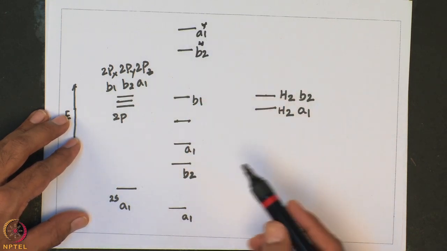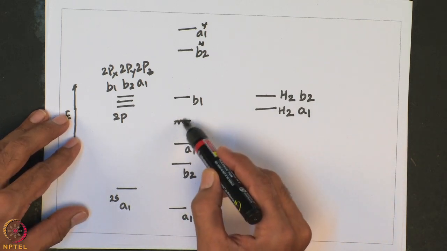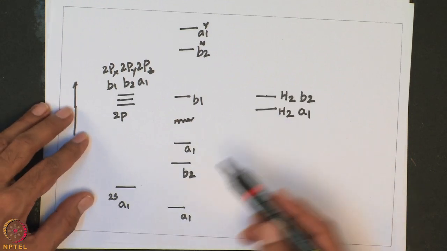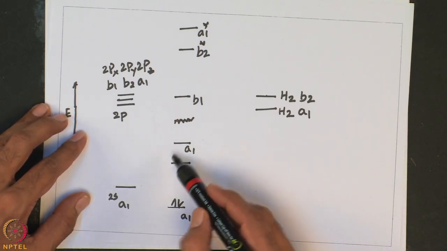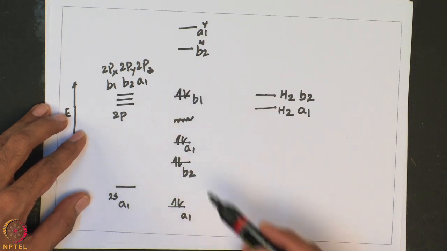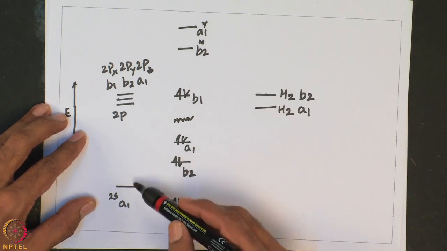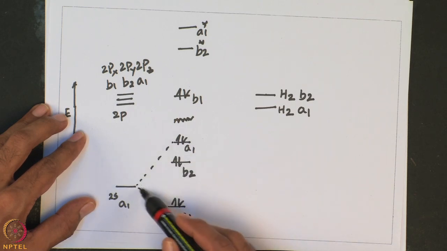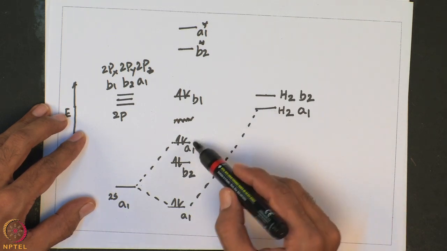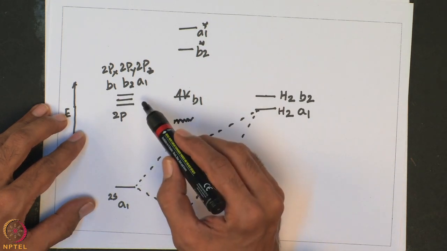These two are anti-bonding. So, here now I start filling. In total we have 6 electrons plus 2, that is 8 electrons. We start filling: 2 electrons are here and 2 are here and 2 more are here and 2 more are here. Now let me start connecting. We have to connect the similar ones: A1 with A1, so here A1 and of course here also A1 is there, it should be connected.